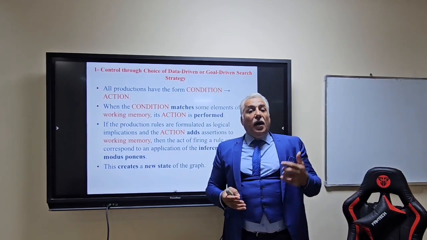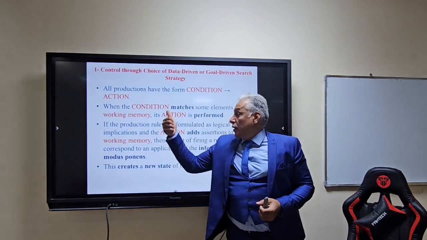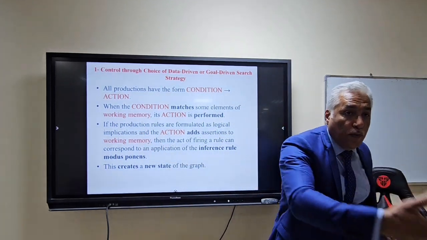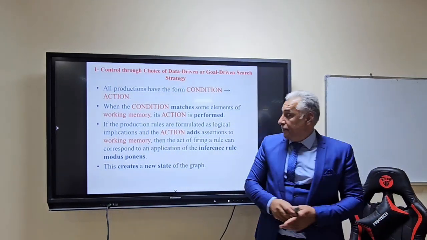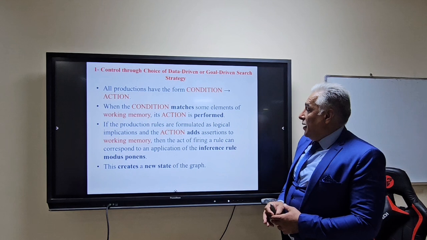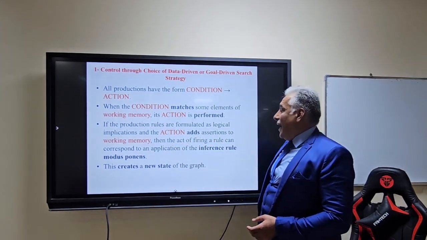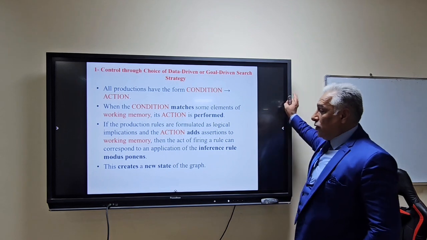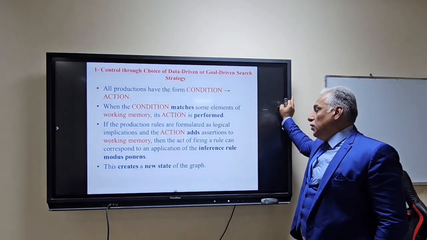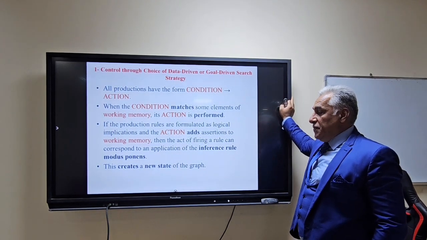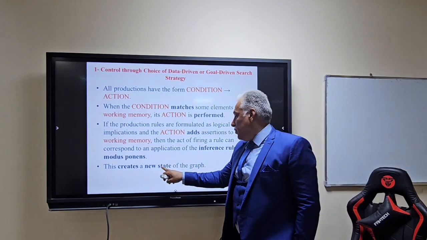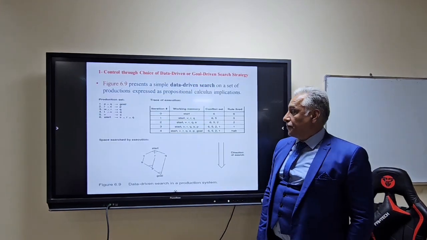Then I use its conditions as new values to update in the working memory, and add the assertion to the working memory. Then the act of firing a rule can correspond to an application of the inference rule modus ponens. This creates a new state of the graph.